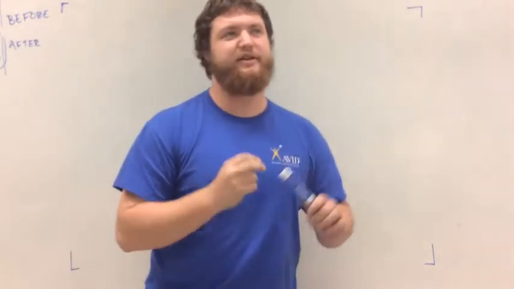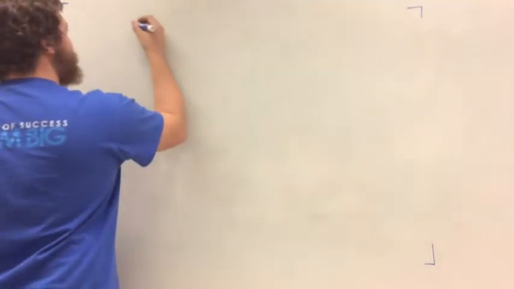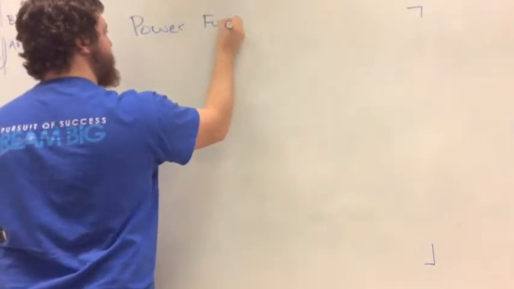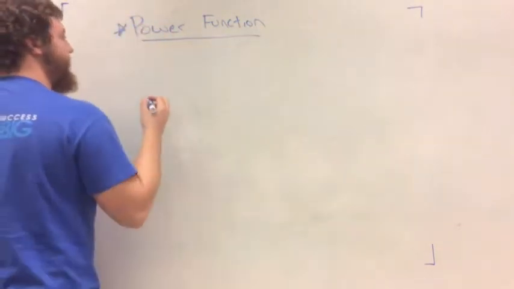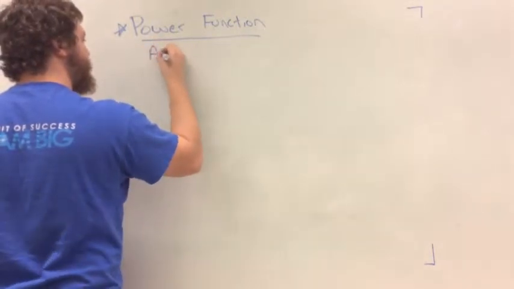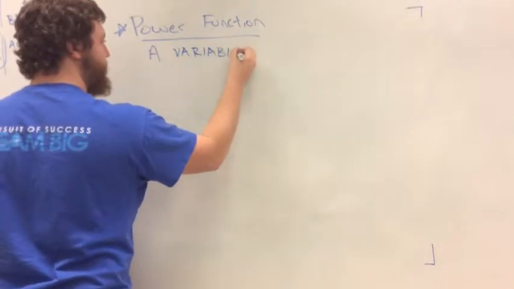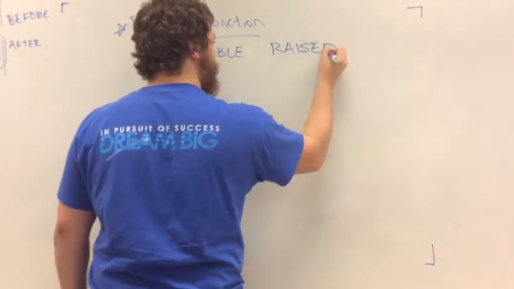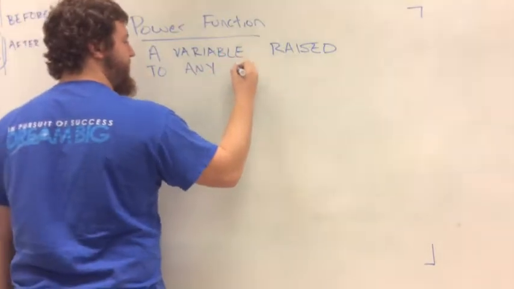The big thing about power functions is that they're very similar to exponentials, but we're going to flip it around. So in an exponential, let me give you a definition. A power function is a variable raised to any power.